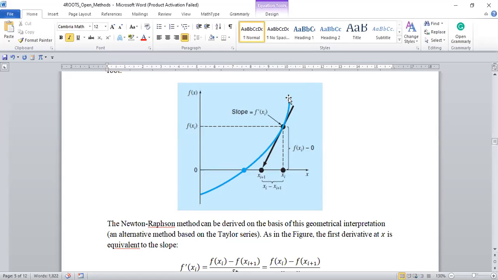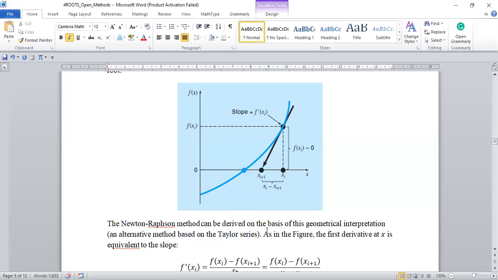The point at which that tangent line touches the x-axis is the approximated root of the equation. So we're drawing a tangent line. It touched the x-axis here, so that means this is the calculated root of the function at that iteration. So you keep on going to the next iteration and you keep on going like that.